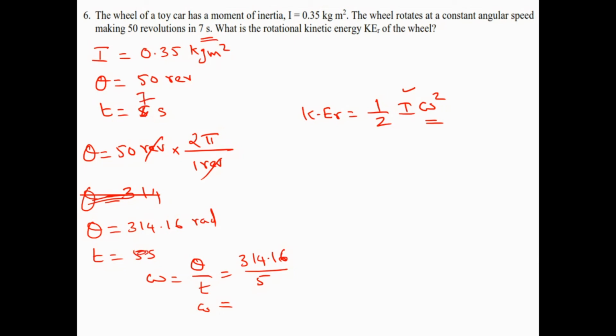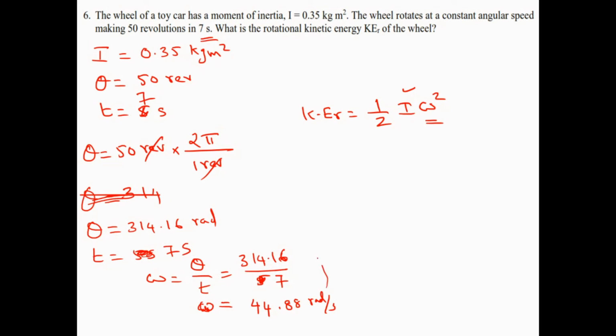So I will modify it here, just 7 seconds, and here also. So 314.16 divided by 7, I got the answer as 44.88 radian per second.